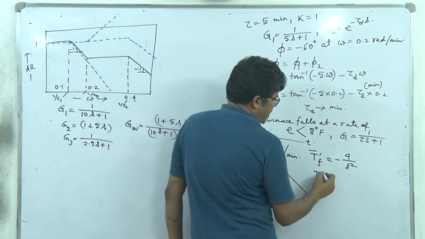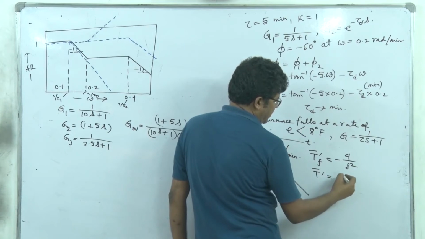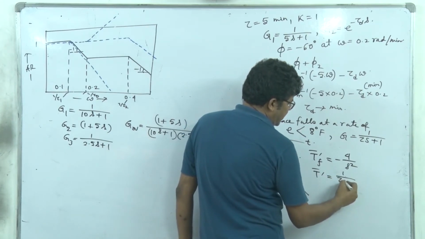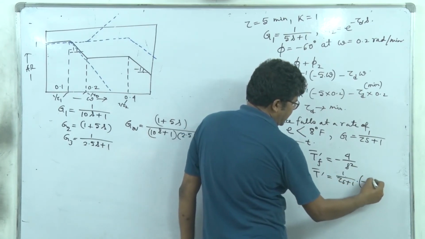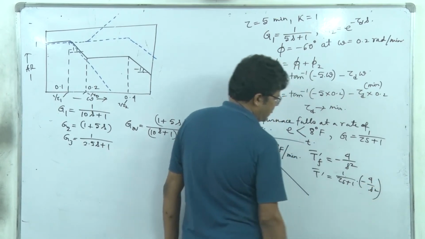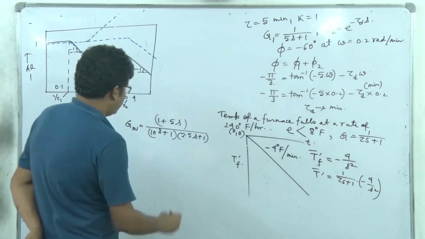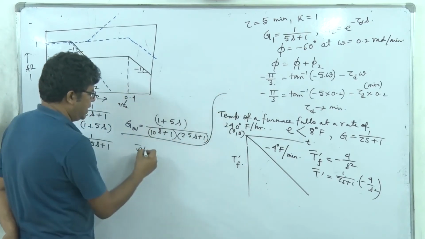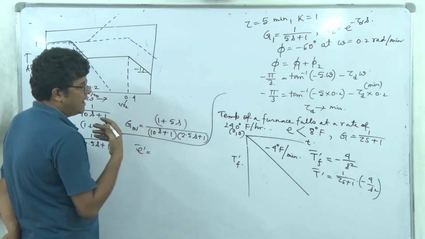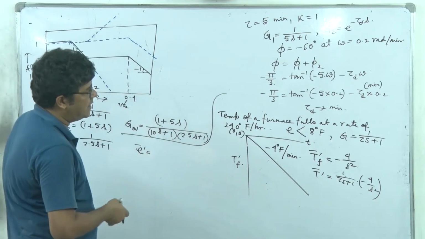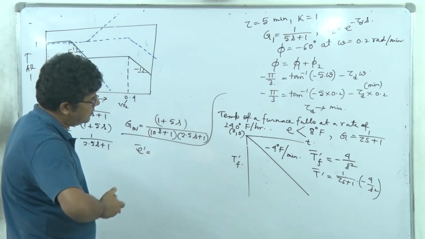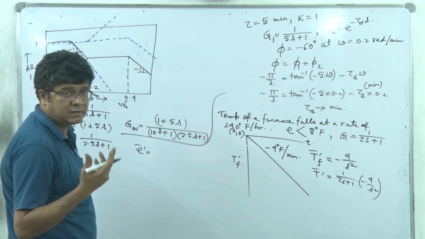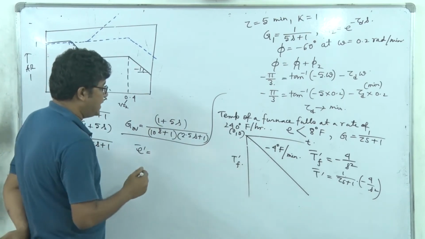So T prime bar, the indicated temperature, will be 1 divided by tau s plus 1 into minus 4 by s square. So the error in the Laplace domain, we can actually disregard the sign. If the same thing falls or rises, the situation will remain identical.